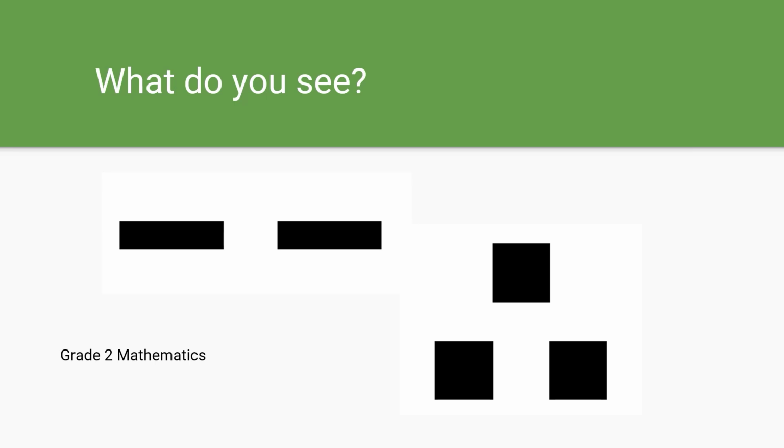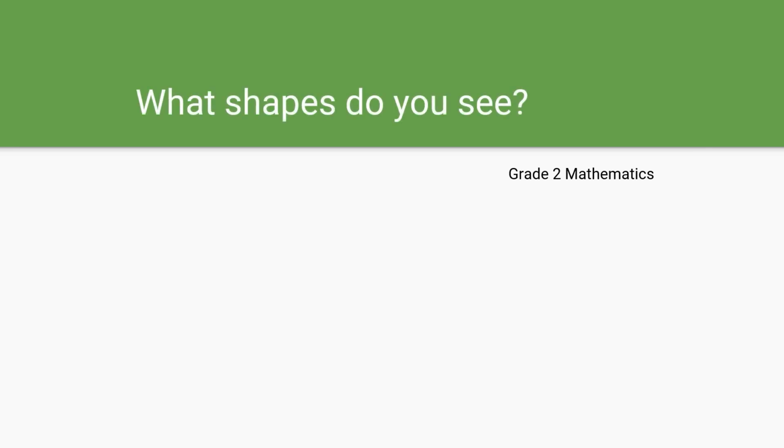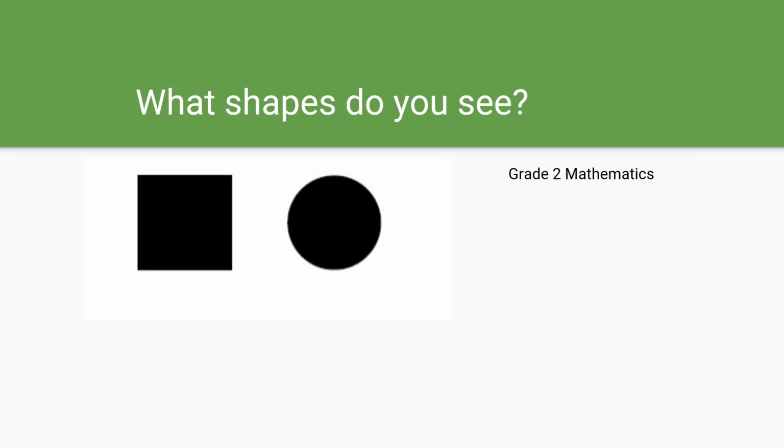I see three squares. 1, 2, 3. 3 squares. Tell me, what shapes do you see? I see 1 square and 1 circle.